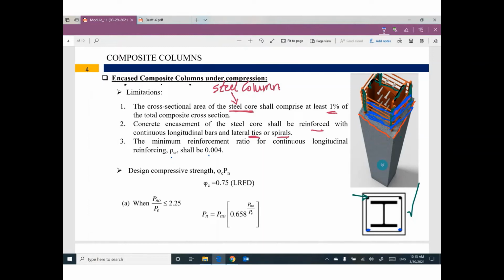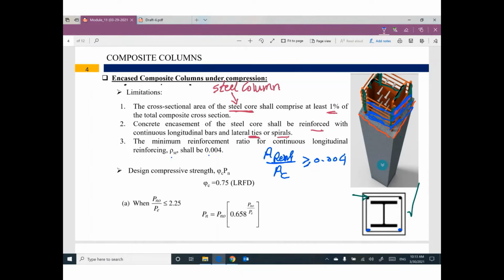This reinforcement to be considered in design should be at least 0.004. That means area of reinforcement divided by area of concrete should be greater than or equal to 0.004. Other than this, you can ignore the reinforcement.